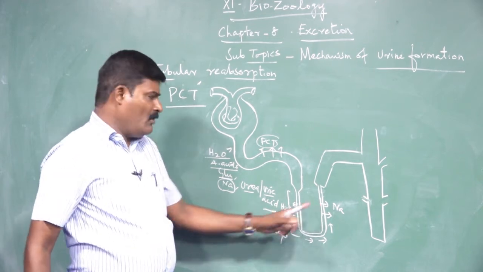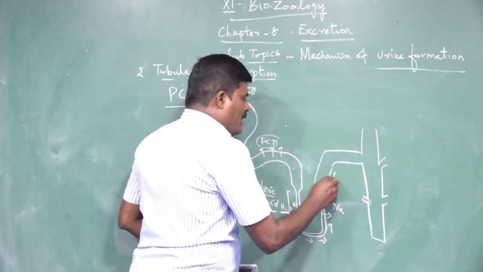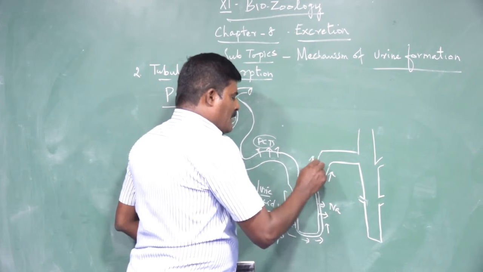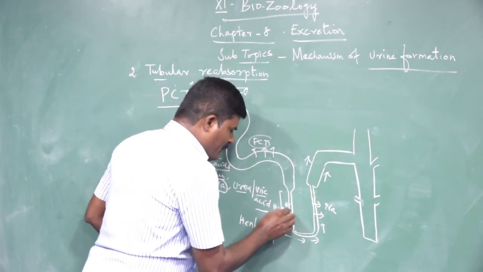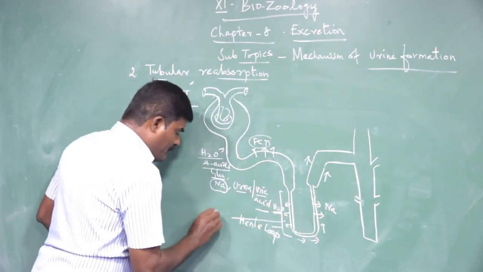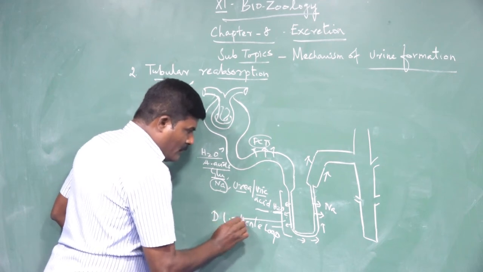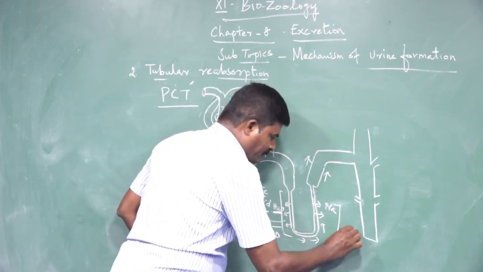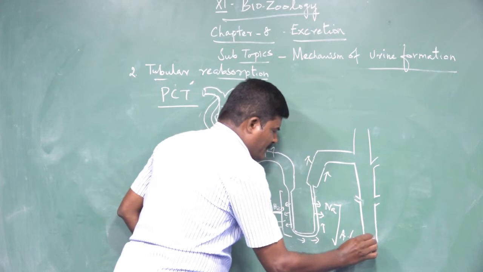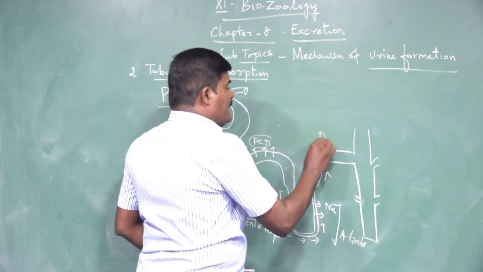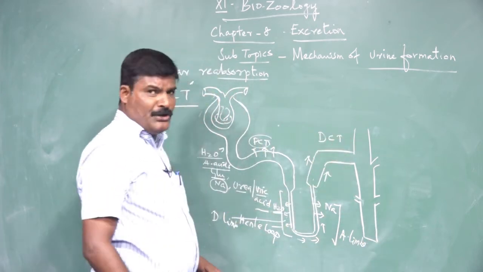So this limb is called the descending limb, and the other one is the ascending limb. Once the filtrate leaves the ascending limb, it enters the DCT, that is the distal convoluted tubule.